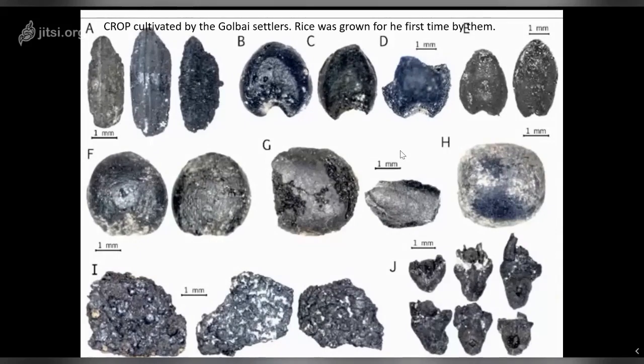Now, this date of 3500 and the start of cultivation of rice, I'm trying to link it with the Meghalayan stage. The Meghalayan stage is the latest addition to the subdivision of the Holocene, the youngest part, late Holocene, 4,200 years BP.